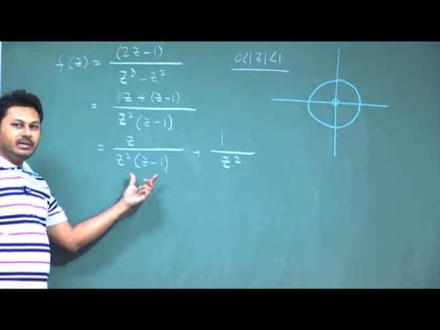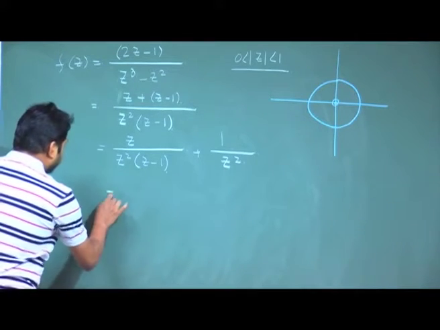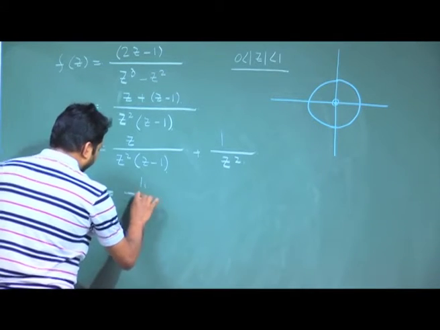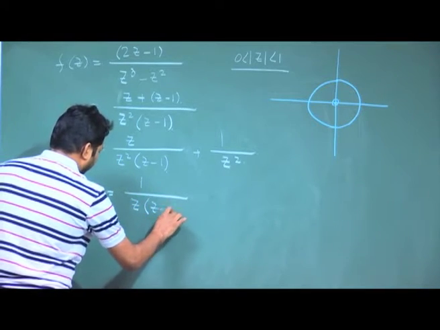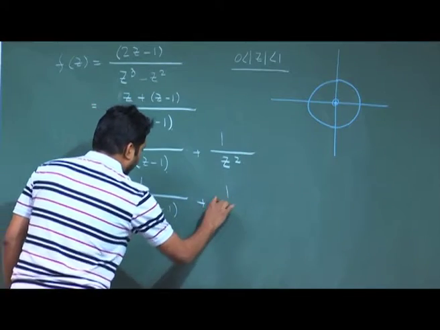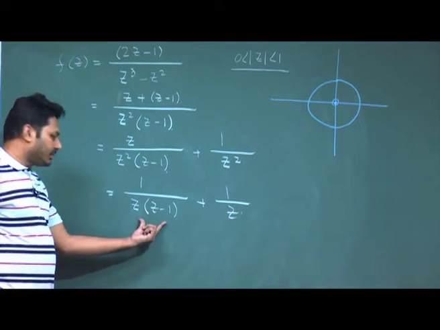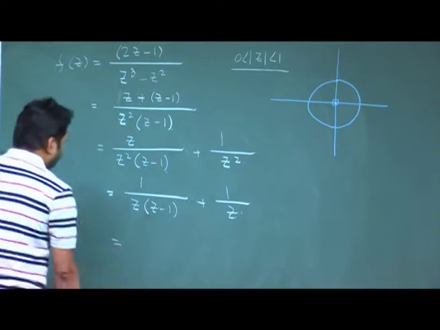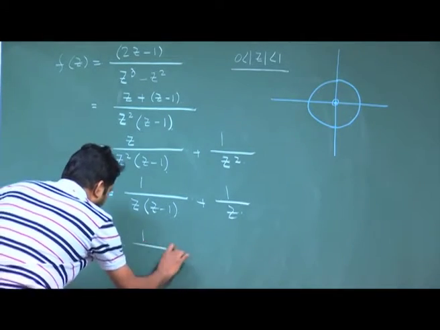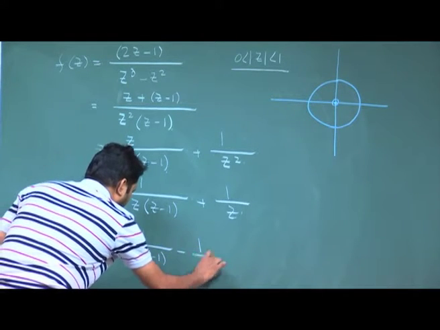Now if I simplify, 1 divided by z minus 1 plus 1 by z, I have two terms, but this term again I can simplify, and it will look like 1 divided by (z minus 1) minus 1 by z.